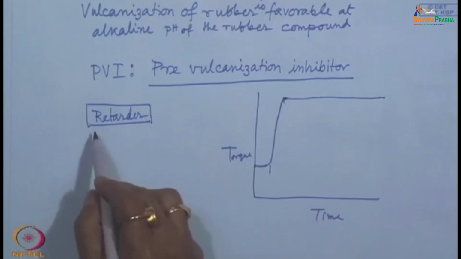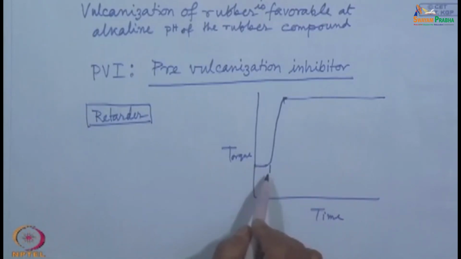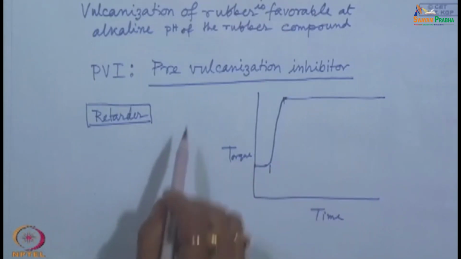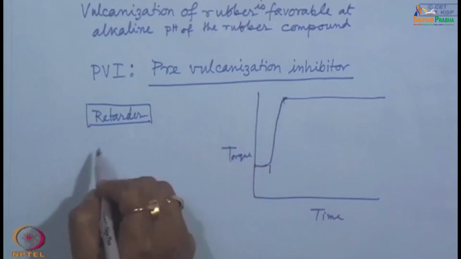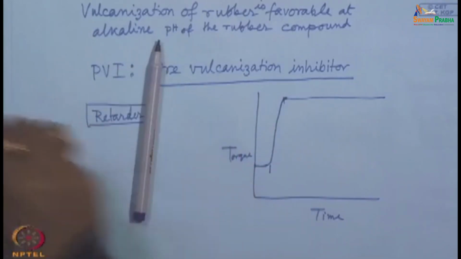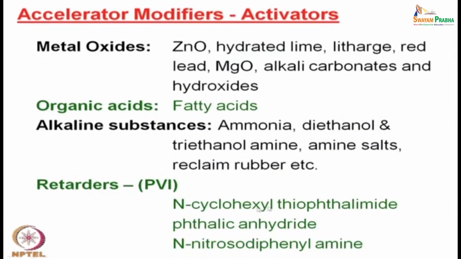Retarder means that it will retard or inhibit the vulcanization reaction, that is called pre-vulcanization inhibitor. Compounds like N-cyclohexyl thiophthalimide, or even phthalic anhydride, acidic in nature. I told you that an acidic compound does not allow the crosslinking reaction or slows down the crosslinking or vulcanization reaction.